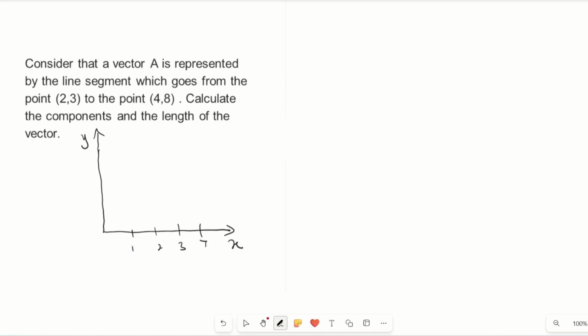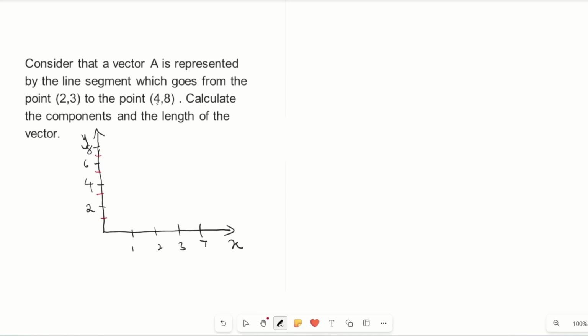Our highest value of x is 4, and the highest value of y is 8. So we can have a scale where we have 2, 4, 6, and then 8, and there are in-betweens. So we can have a 1 here, a 3, a 5, and then a 7.